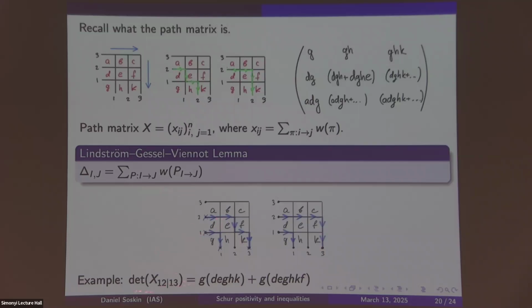So, for example, if you have the minor 1, 2 and 1, 3, we look at all non-crossing path families going from indices 1, 2 to indices 1, 3 here. In this case, there are just two possible path families which are not crossing. So we will have just a sum of two monomials.